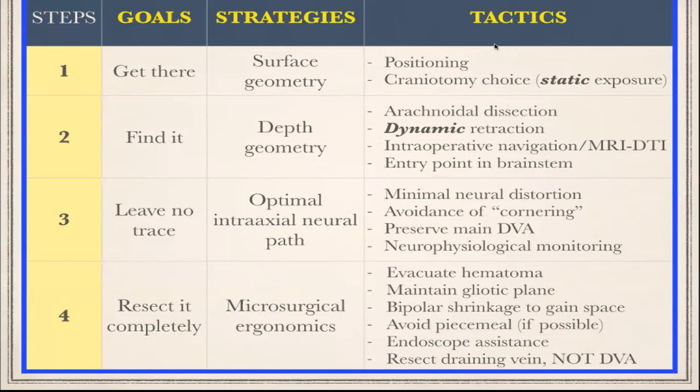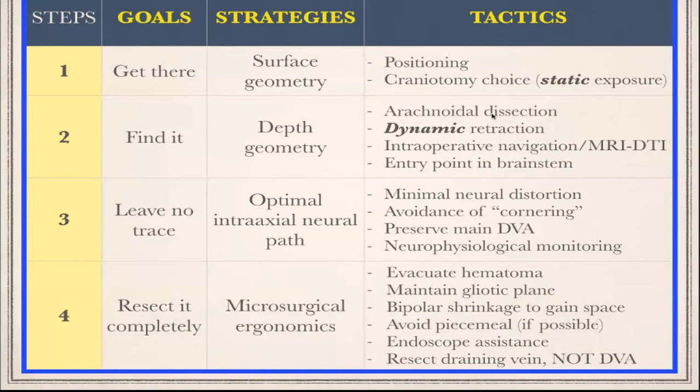Now, how do we apply some of the tactics to satisfy each of those strategies? Well, for step 1, you need to know how to position the patient and how to choose your craniotomy. Craniotomy, please remember, is only giving you static exposure, not dynamic exposure. Dynamic exposure comes with step 2.